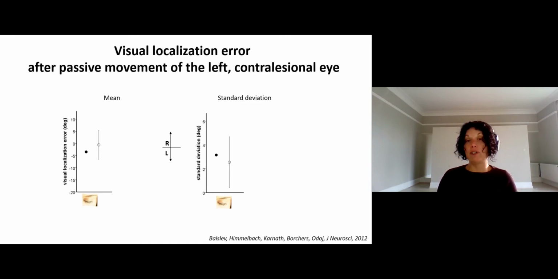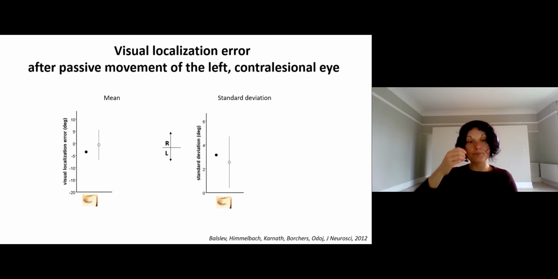Now, of course, our first thought here was, does this patient indeed have a problem with ocular proprioception, because we had not confirmed that. And so to do so, we asked her to do the same manipulation as I was mentioning in the first part. So a brief push to the eye, then open the eye and conduct the visual localization task.